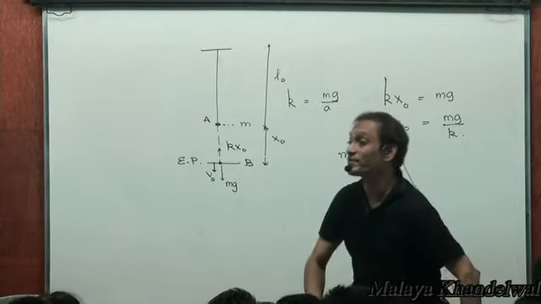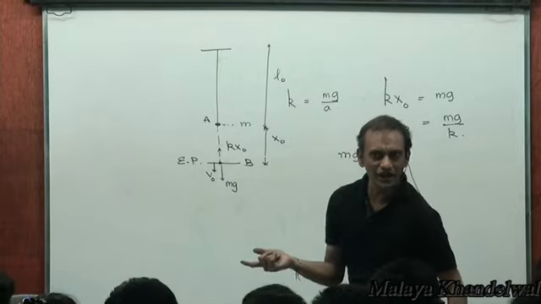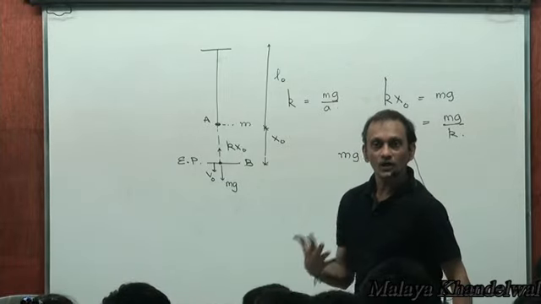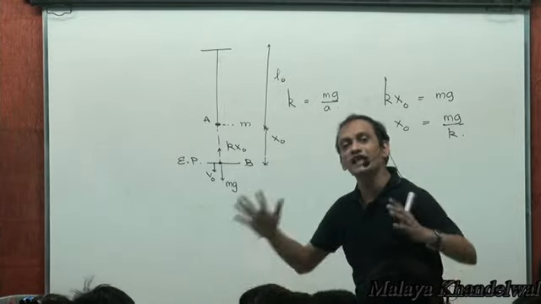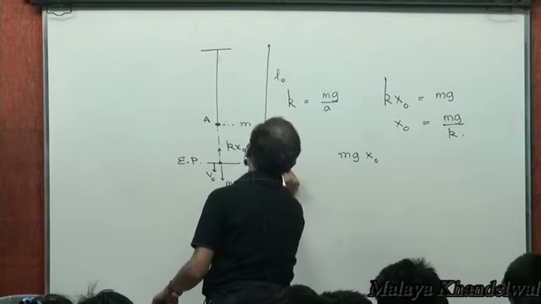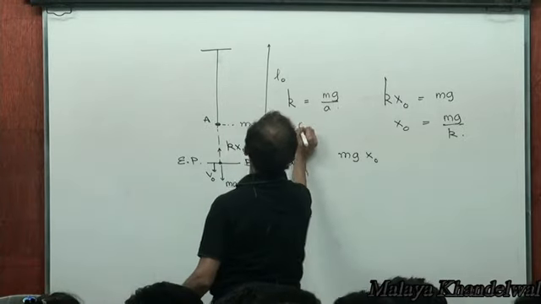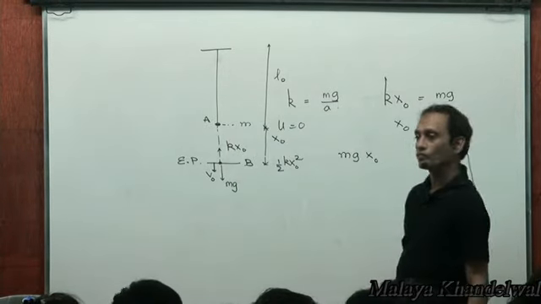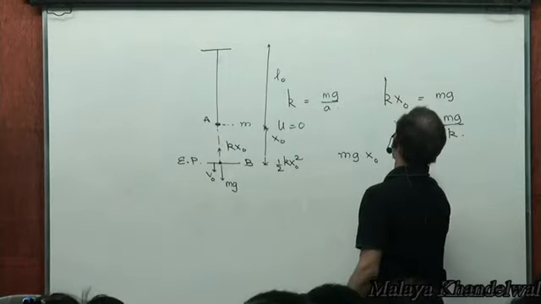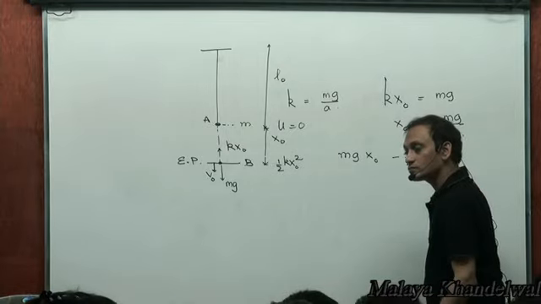What's the work done by the spring force? Negative of the change in elastic potential energy. Work done by the spring force is always negative of the change in elastic potential energy. The elastic potential energy here is half k x naught squared. The elastic potential energy here is 0. So minus half k x naught squared is the work done by the spring force.